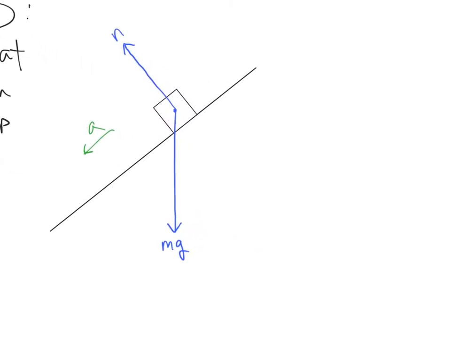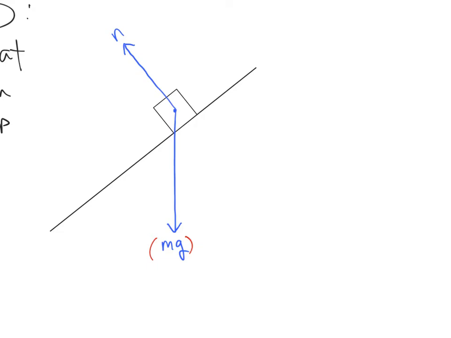Before we get into the details of what other force has to be present, you probably already know what it is, but I want to think about this force here, gravity. Well, there are two components of gravity, right?